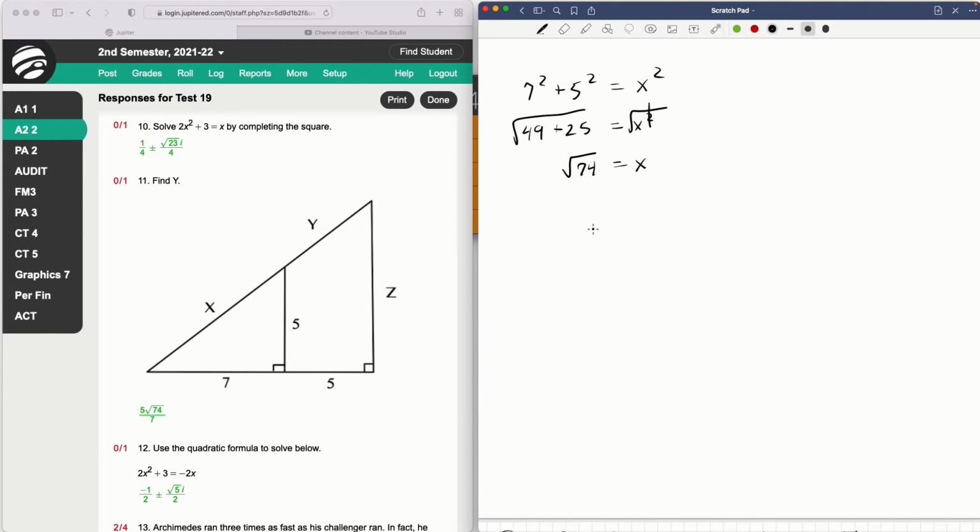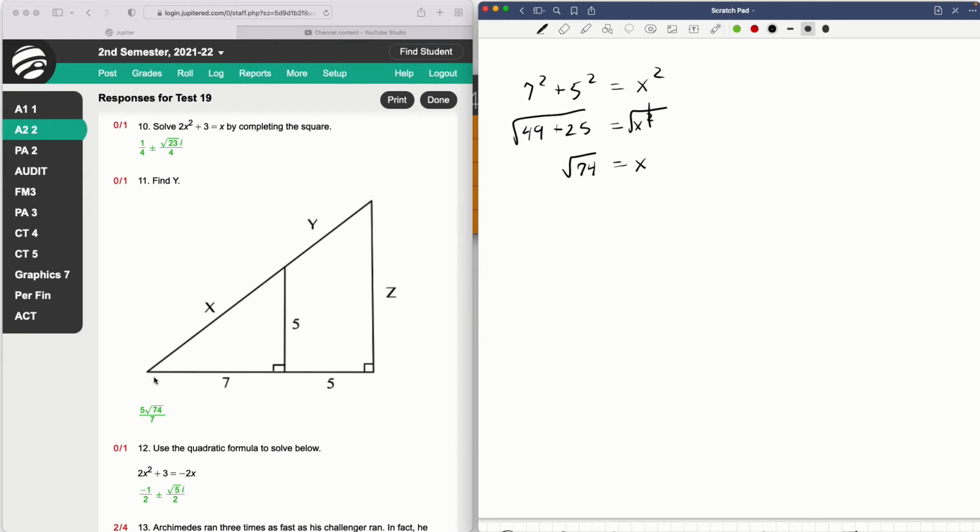All right, so now that I have that, I'm going to find the ratio here. My ratio of x and y, it's going to be x plus y. This small one is 7, but then the long one is 12. So my ratio is 7 over 12.